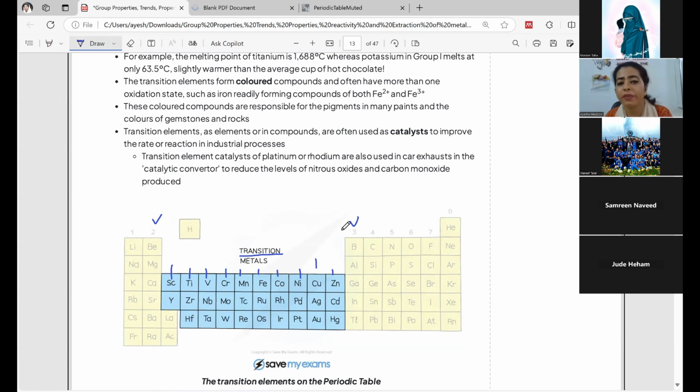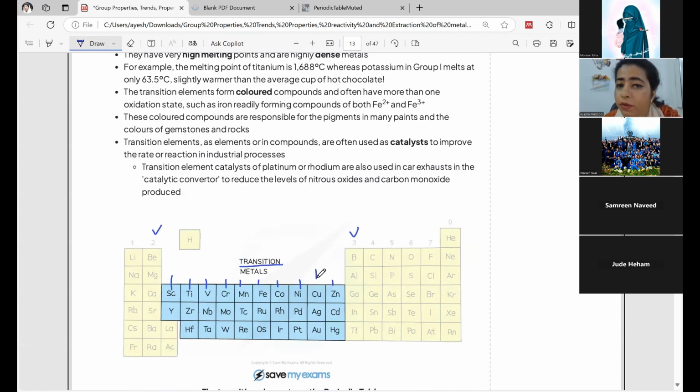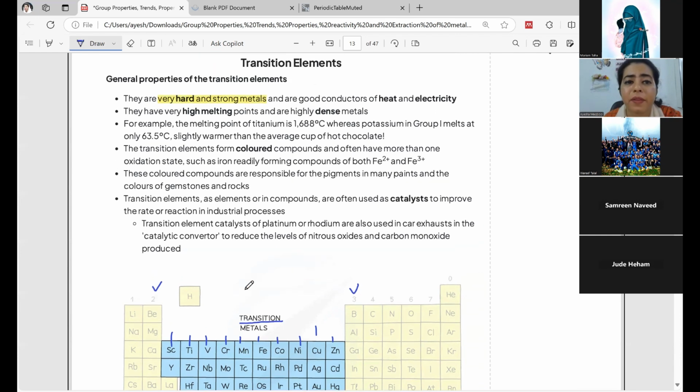In between group 2 and 3, at the center, having these 10 groups, they are basically transition, total 10 only. They are 10 groups, not 10 elements. The elements which are in these 10 groups are known as transition elements or transition metals, not 10 elements. Okay, groups are 10.